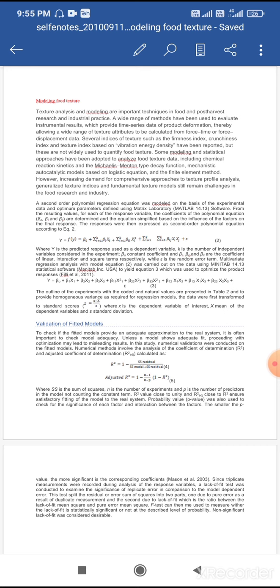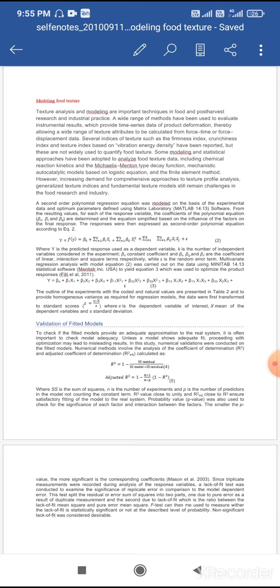Several indices of texture such as firmness, crunchiness, and texture index based on vibration energy density have been reported, but these are not widely used to quantify food texture.